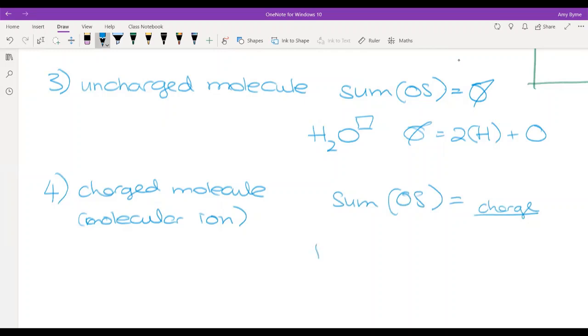So for example, NH4+, it's going to be +1 is equal to nitrogen plus 4 times hydrogen.